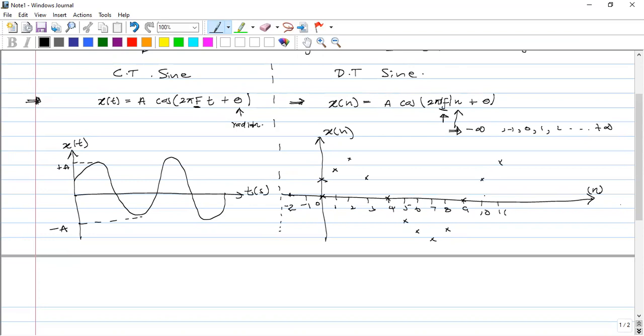So we will get this kind of signal if we draw the discrete version. We have only some values.